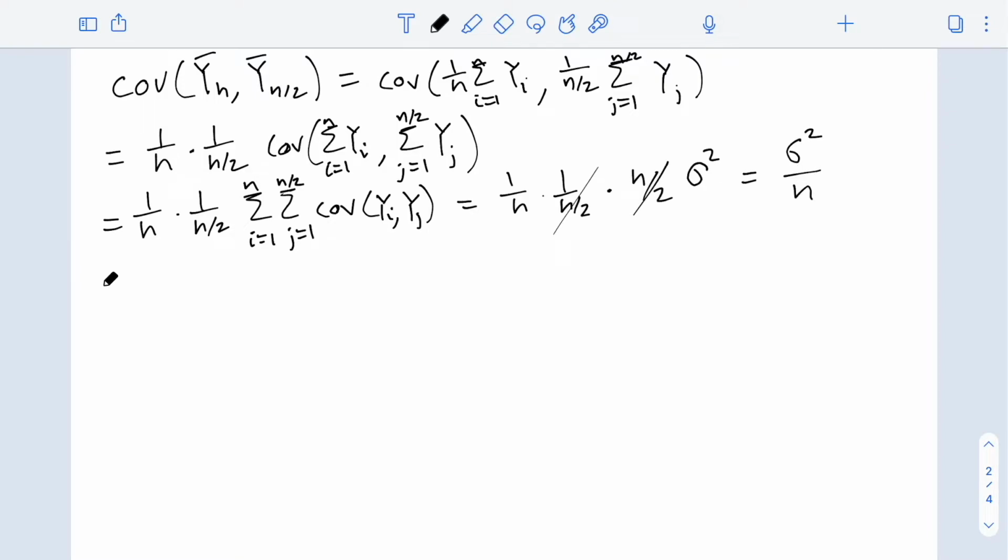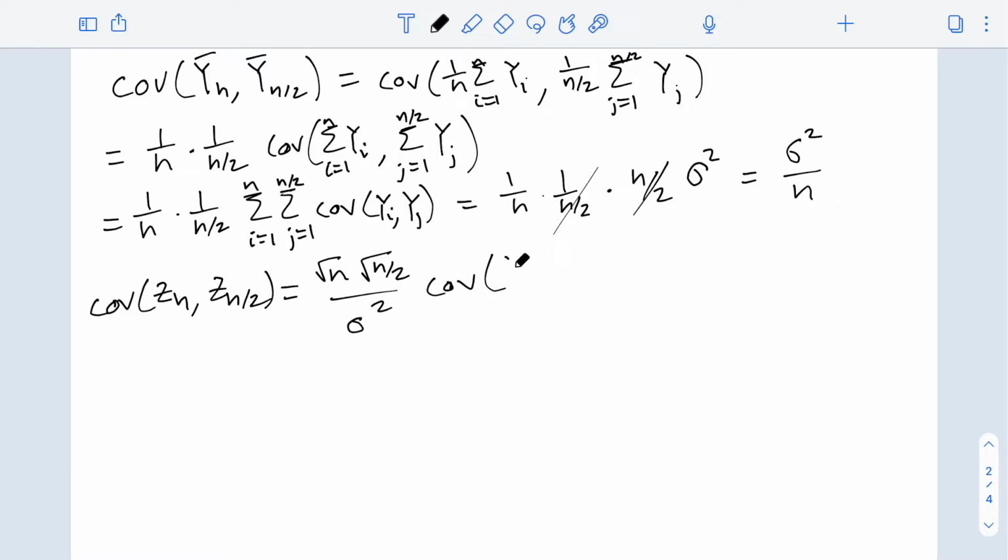Now, if we recall from before, we had the covariance of Zn with Zn over 2 was equal to the square root of n over 2 over sigma squared times the covariance of y bar n with y bar n over 2. If we plug this in for that piece and do some cancellation, what do we get?